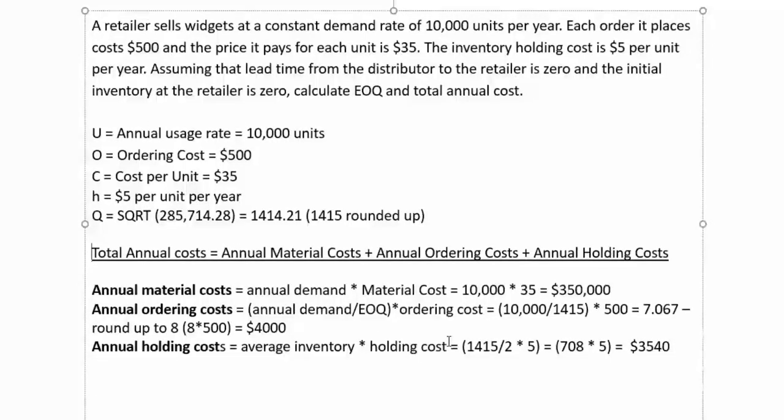So the average inventory, we're going to calculate it by basically taking the maximum inventory in the warehouse at one time and dividing it by 2. Now, the reason why we do this is, let's say that you took a bunch of numbers and you went from the top number down to 0 by ones. So let's say 10.